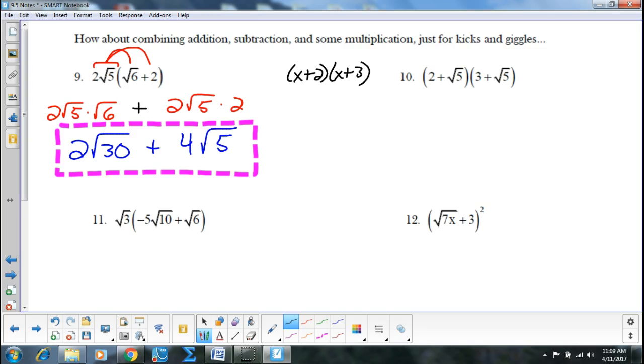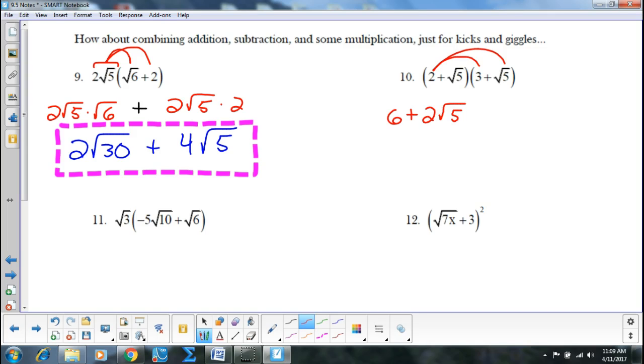So we've got a double distribute, right? In this particular one, the 2 would have to go into the 3, and the 2 would have to go into the square root of 5, right? So that would be 6 plus 2 square roots of 5. Agree?